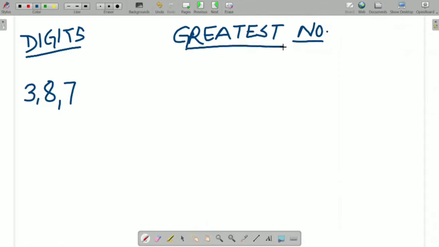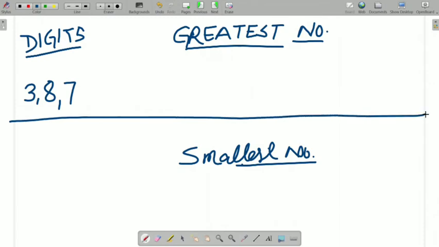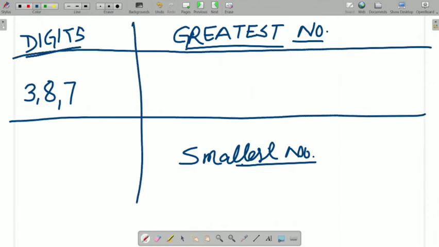Then we will make the smallest number. And for that the digits will be changed in both conditions. So for 387 we have to write another digit for making the 4-digit greatest number and the 4-digit smallest number.